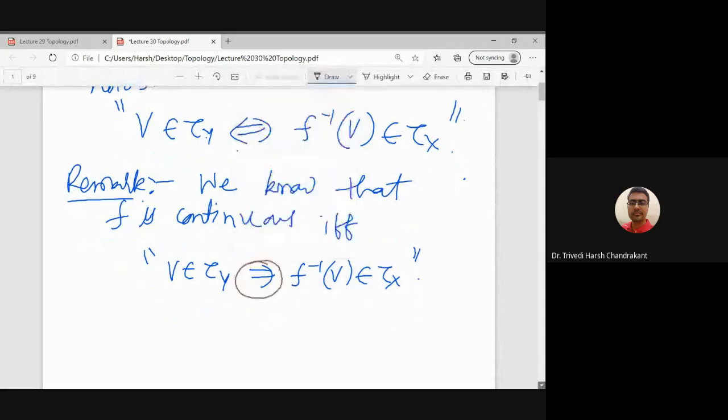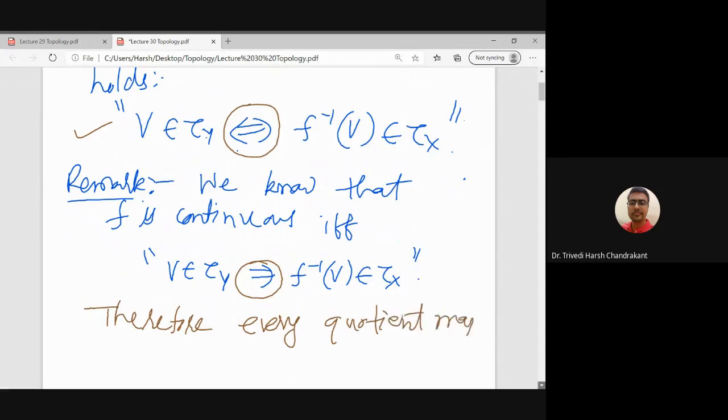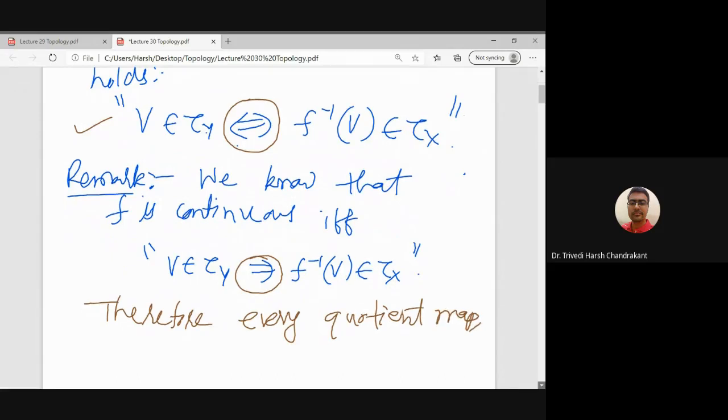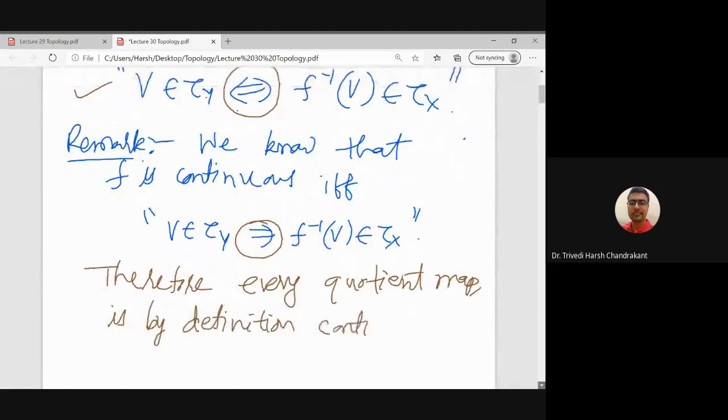Here I have implies and here I have if and only if, so this is a stronger condition. So the remark is that every quotient map is by definition a continuous map, because it satisfies a stronger condition.